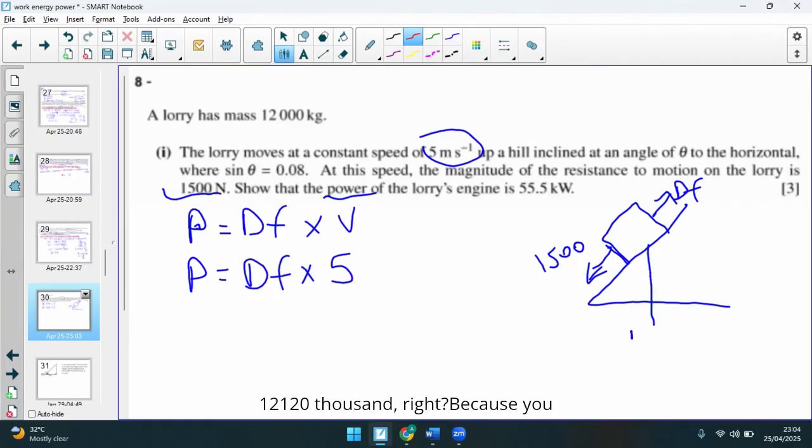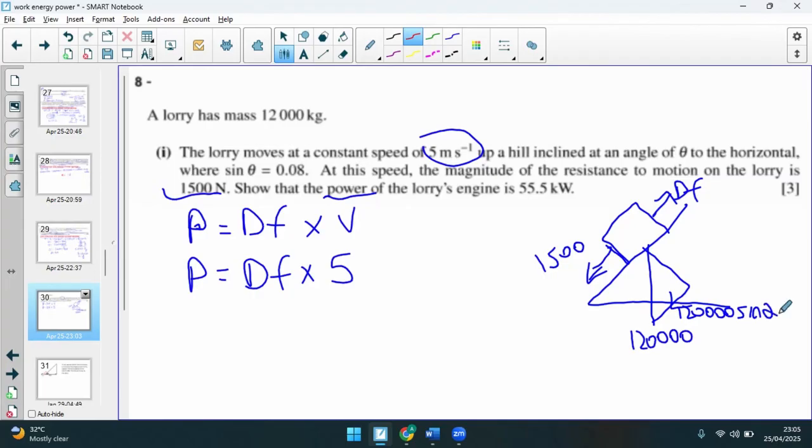Because you multiply it by 10, which is gravity. So the component going this way will be 120,000 sine theta, right? Because that's theta. And right now they've told you that sine theta is 0.08. Okay, so we're going to use that.